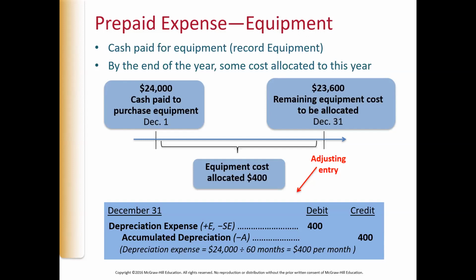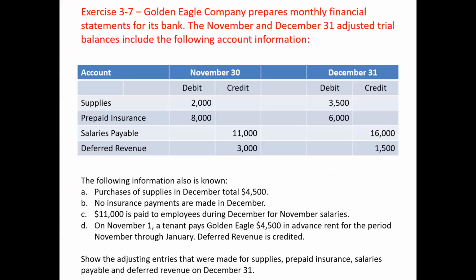The expense for showing the use of an asset is depreciation expense. And the new word here, accumulated depreciation, is what we call a contra account against our equipment account that allows us to keep a tally of how much depreciation we've taken under this specific equipment.